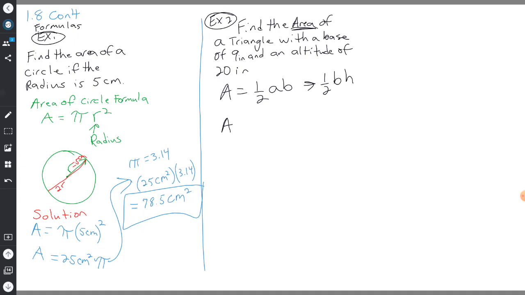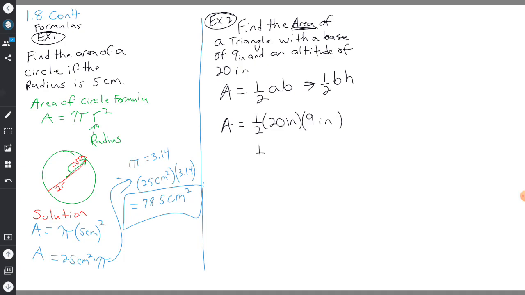Okay, so going in and substituting what we have. The altitude, and keep in mind that it's in inches, and then we have the base, 9 inches.